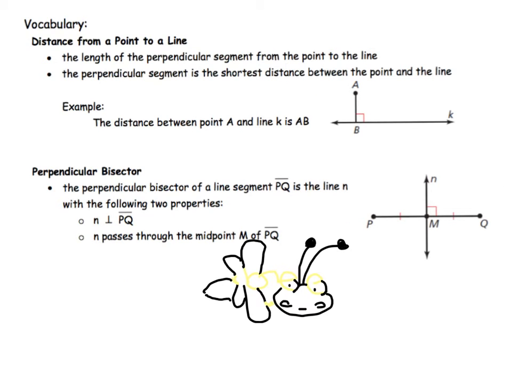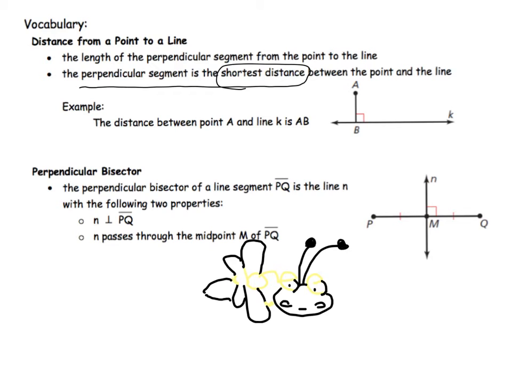All right, so just to talk about a few other things that you can use as proof for proofs: distance from a point to a line. The length of a perpendicular segment from the point to the line is the shortest distance between the point and the line. So do recall that: the perpendicular segment is the shortest distance.